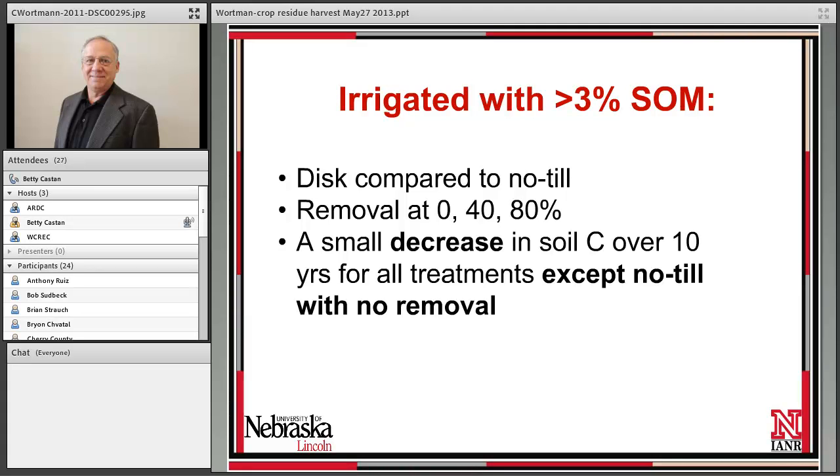So here they're producing much more biomass, but there is a loss. In the other study, they're producing less, but there is a gain. We don't fully understand this, but for high soil organic matter soils with irrigation, we do find that it is difficult to build organic matter.